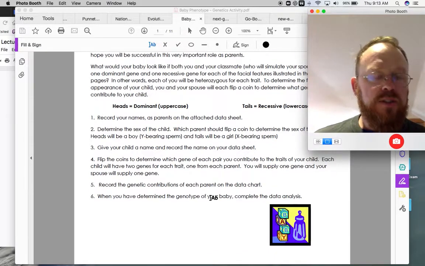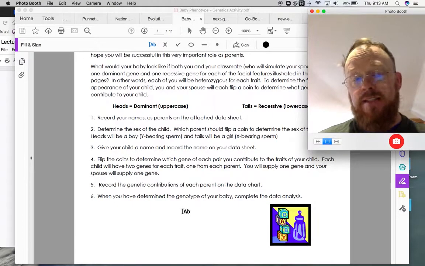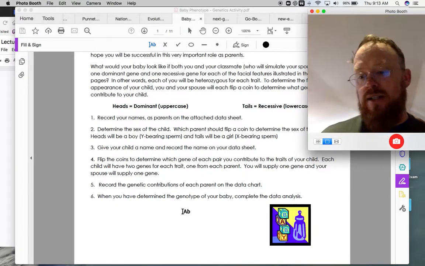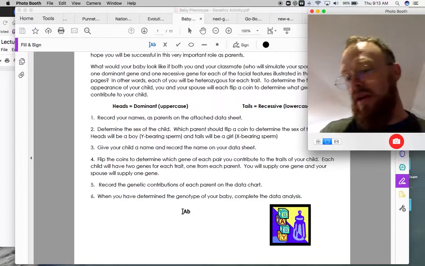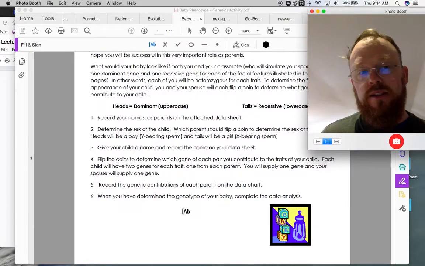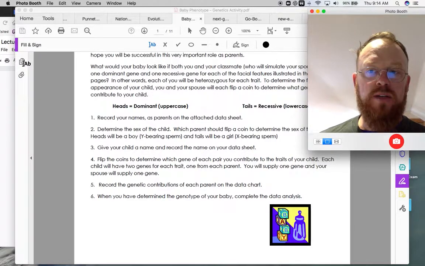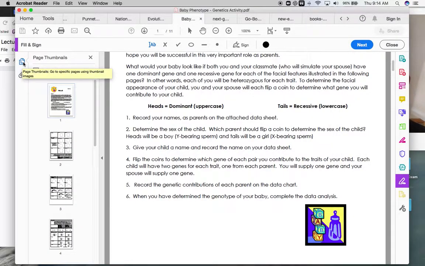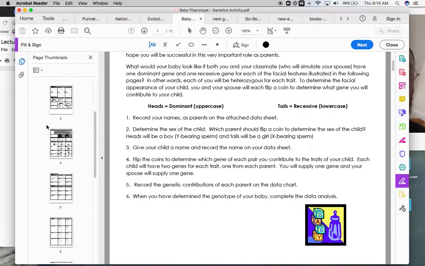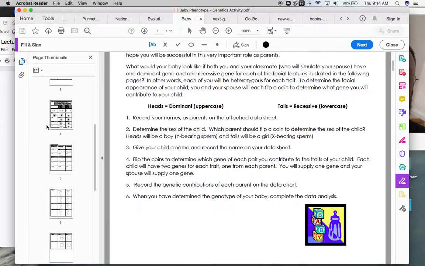Most of your work happens on page 8. To make it a little easier, because I obviously couldn't print this on paper and hand it out to you, I go over here to the page thumbnails option, and I think you can find that on your iPad too.